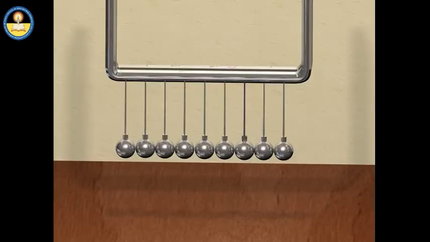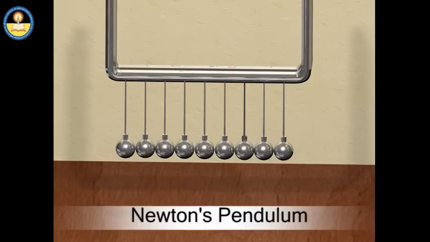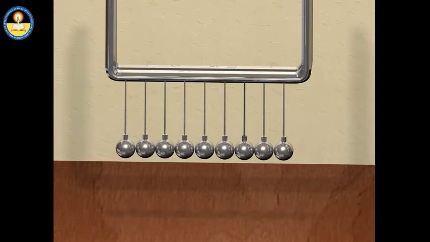An activity using Newton's pendulum. It consists of a series of identical metal balls of the same size, and all the balls are suspended on a metal frame in such a way that they are just touching each other when at rest, as shown.